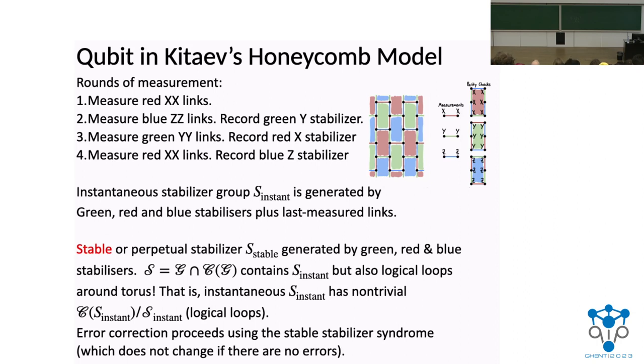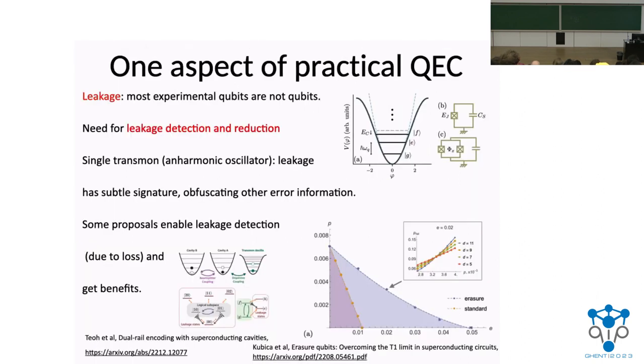That, of course, is a disadvantage, right? You're measuring weight 2 checks, you say, oh, I'm done, but no, I take the product of their eigenvalues, and if every eigenvalue has some probability of error, and I take the product of many, of course, I enhance my error rate. And that has been the bottleneck with using subsystem codes in terms of their performance. But maybe this has different features.